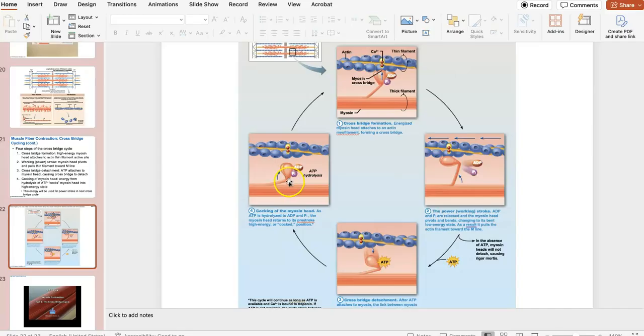And so now what happens is that head will move up, and like we can see here, it forms a cross bridge. Now here's what you want to remember. Myosin binds to actin. Actin does not bind to myosin. It doesn't work that way. So the cross bridge is formed. And then we go this direction, just like the arrows indicate.